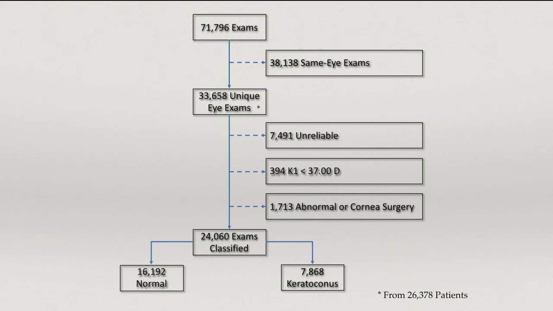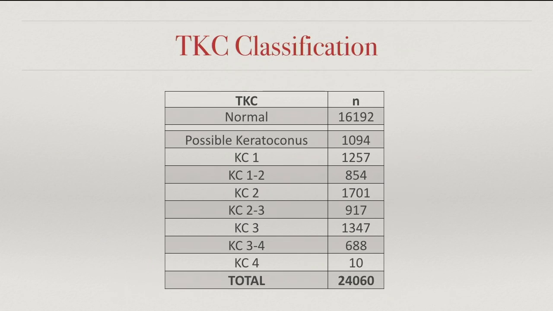We removed every exam that was considered by the instrument itself as unreliable, abnormal, or post-corneal surgery, as well as corneas with a flattest K of less than 37 diopters, because we could have post-operative patients among them. That led us to 24,000 eyes, unique exams of one eye from almost 26,000 patients. From those, 16,000 were normal and 7,000 were abnormal or had keratoconus.